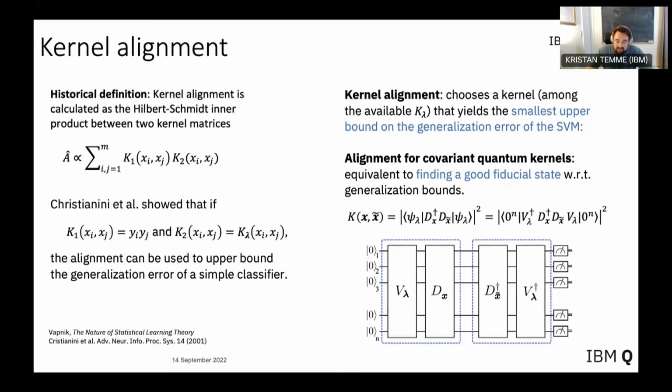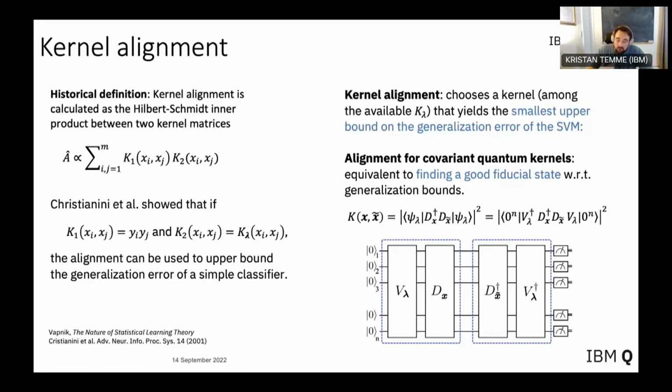Kernel alignment allows you to pick a particular kernel out of a family of kernels, and in a weighted version of kernel alignment, what you're essentially trying to do is optimize the upper bound on the generalization error of your classifier.